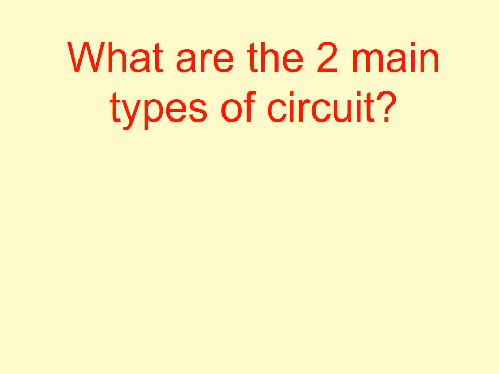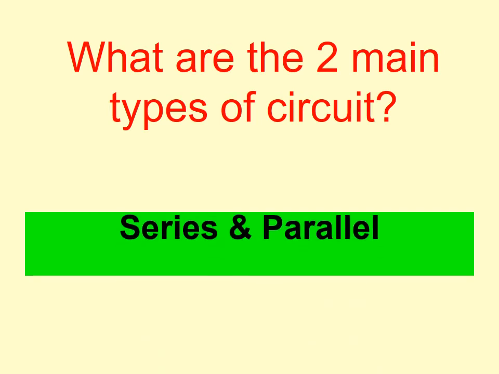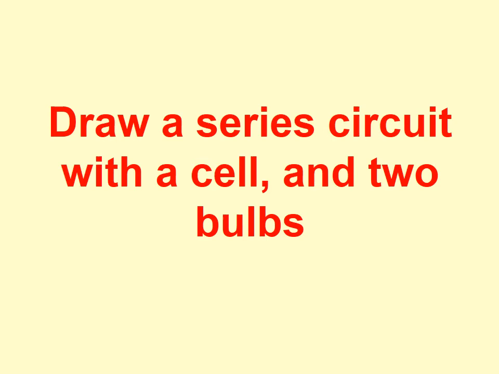Let's do some practice. What are the two main types of circuits? Well, we've got series and parallel. So I want you to have a go at drawing a series circuit with a cell and 2 bulbs. Now remember, a cell looks like that, and your symbol for bulbs looks like that.